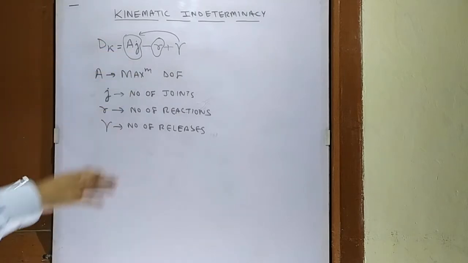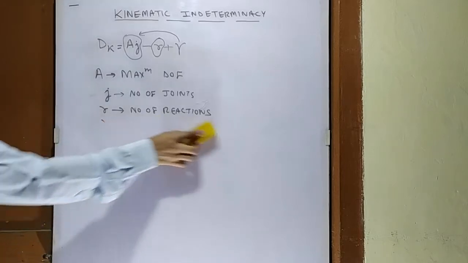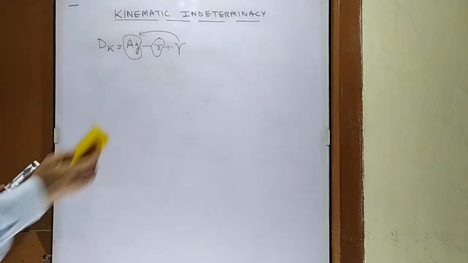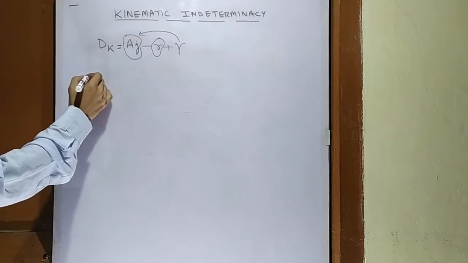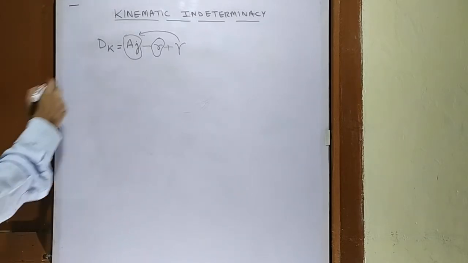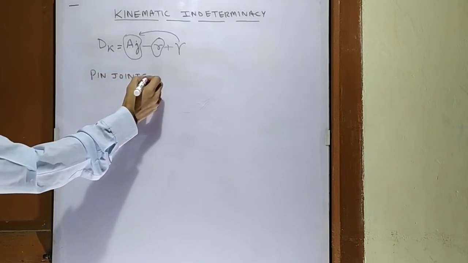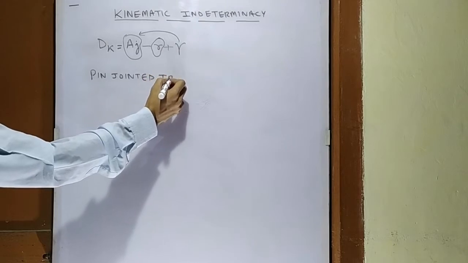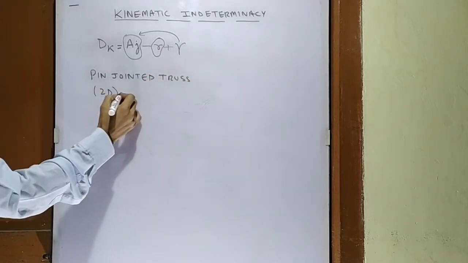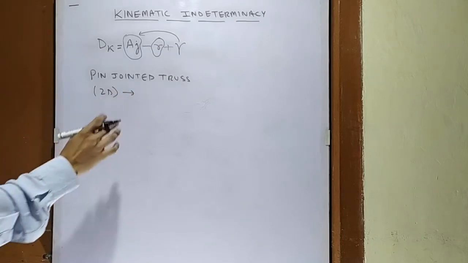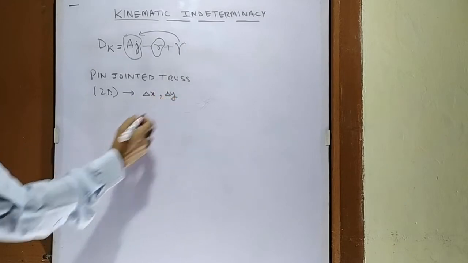Okay, this formula will be very clear when we solve some examples. So first of all, we will talk very briefly about some simple points. If I take a pin jointed truss in 2D, at each joint there may be only delta x and delta y.